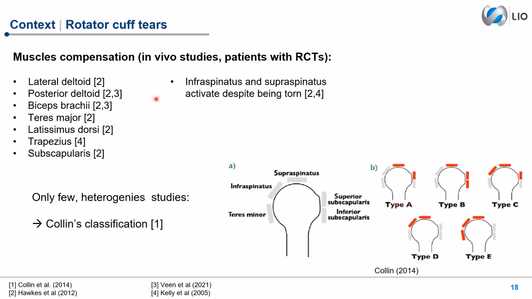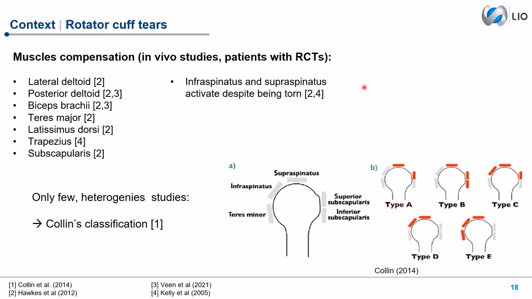heterogeneity in the studies. Compensation has been observed by the deltoids, the biceps, latissimus dorsi, trapezius, subscapularis, and some studies also found that even if they're torn, the infraspinatus and supraspinatus can activate.